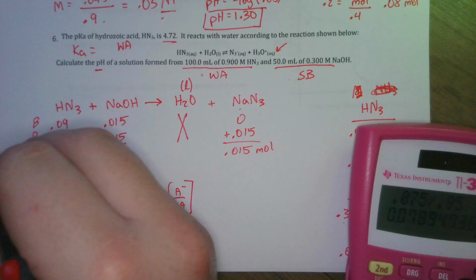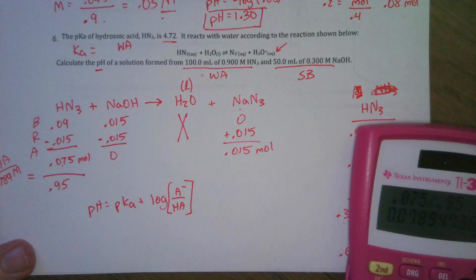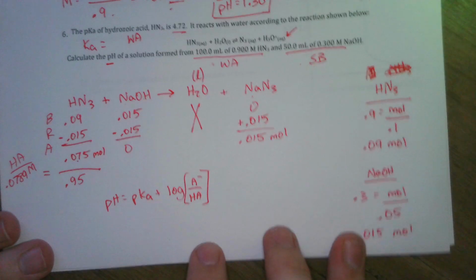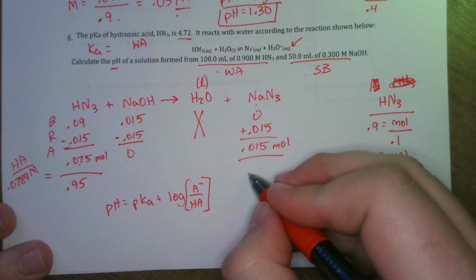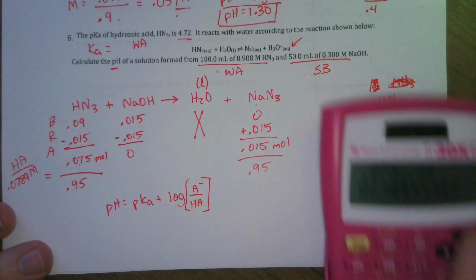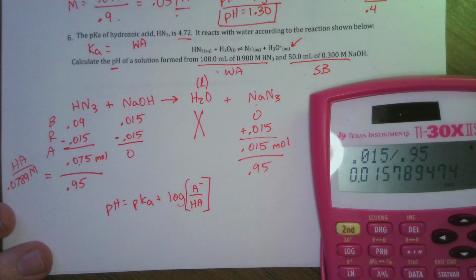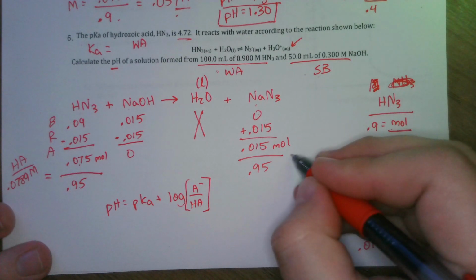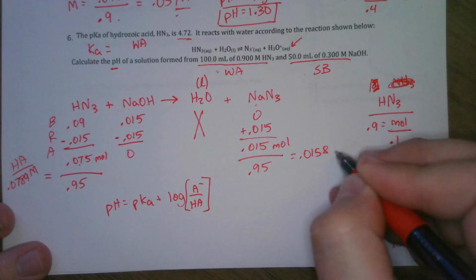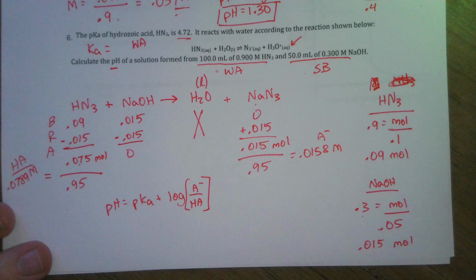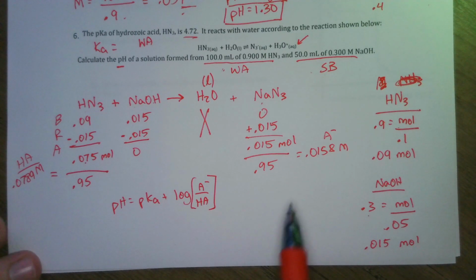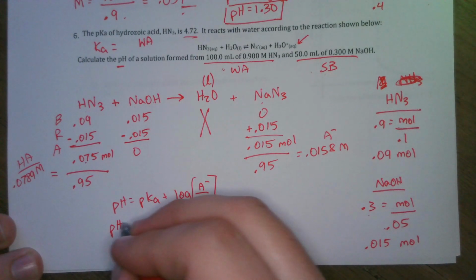This is my weak acid, HA. My base, I'm going to do the same thing, divide by 0.95. 0.0158 molar conjugate base.